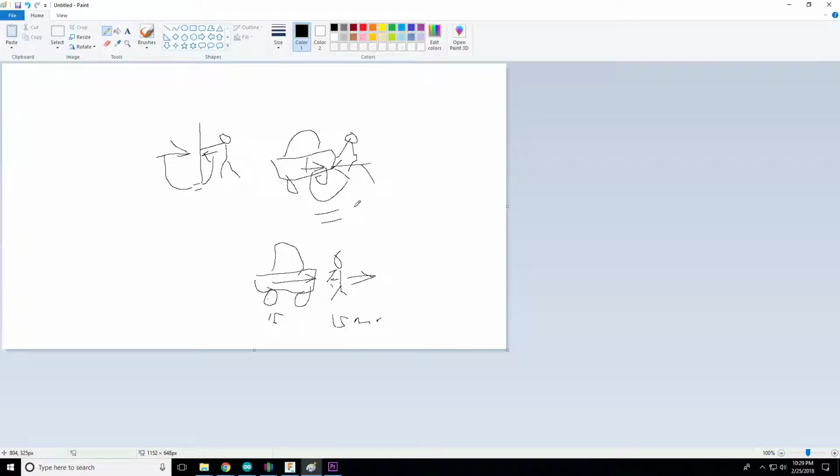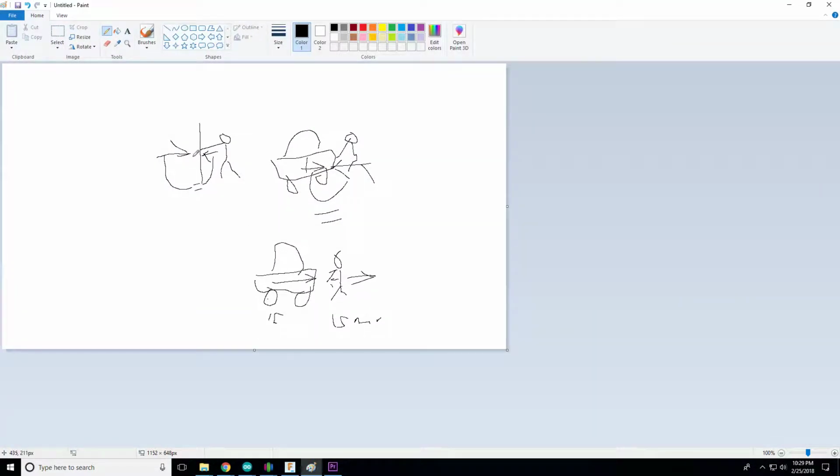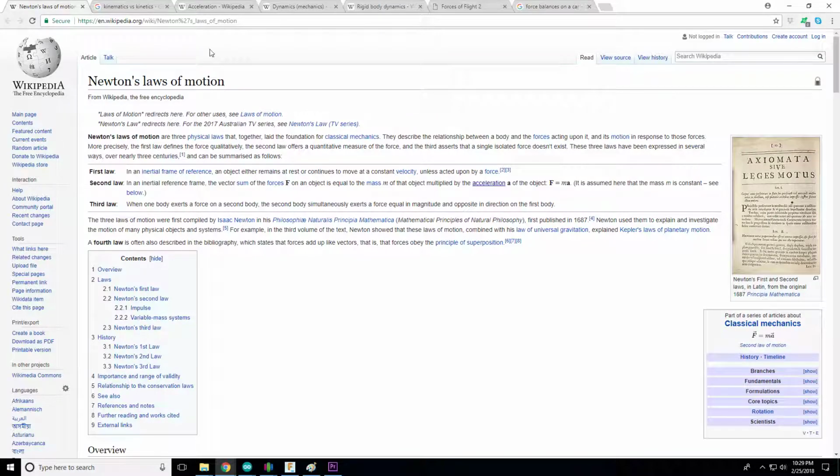So the third law applies when you're pushing on an object and the object is not moving. What it says here is that a body exerts a force on a second body, and the second body simultaneously exerts a force equal in magnitude but opposite in direction. Opposite direction to what you're doing.